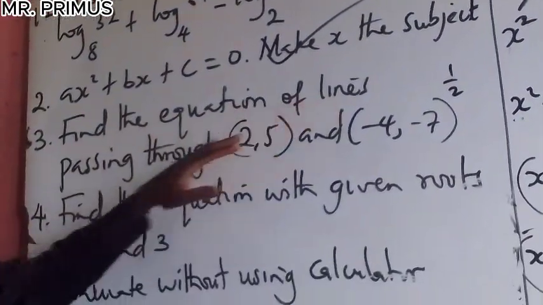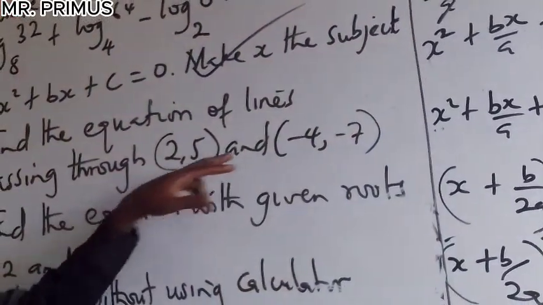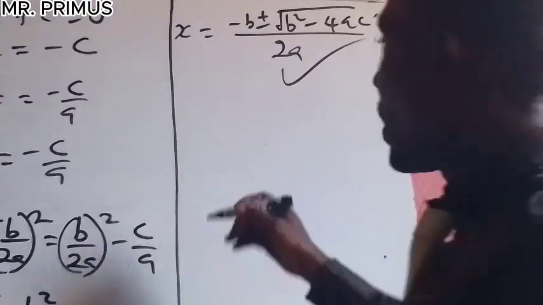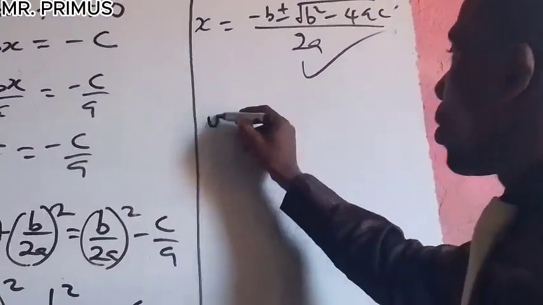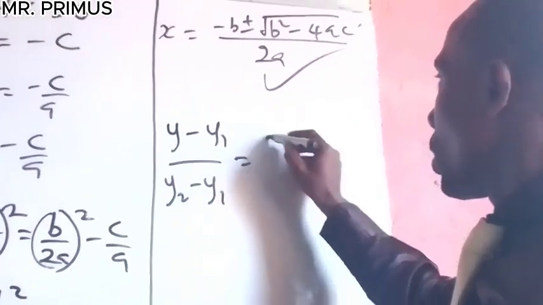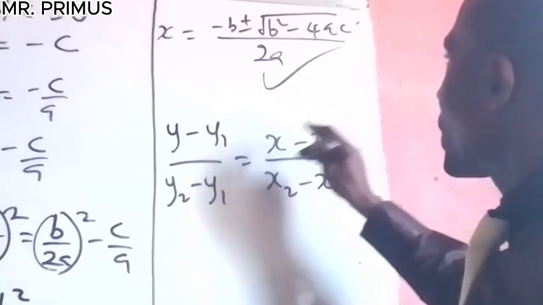Find the equation of the line passing through (2, 5) and (-4, -7). We can solve it here. Let's see how you can manage it. This is the formula for the equation of a line: y minus y1 over y2 minus y1 equals x minus x1 over x2 minus x1. What are these values?